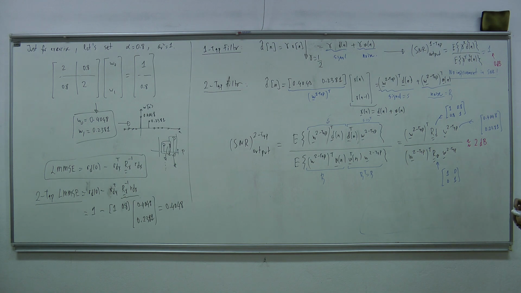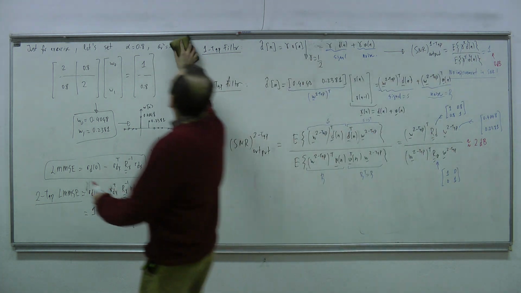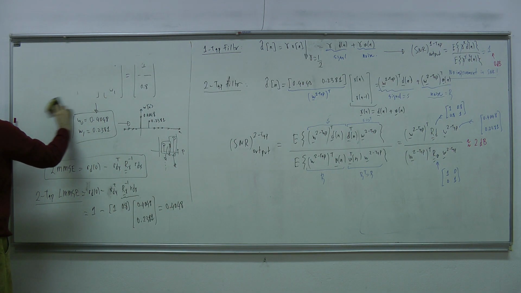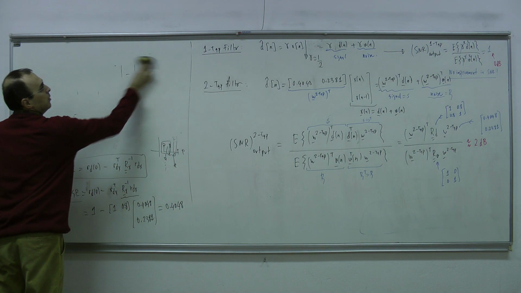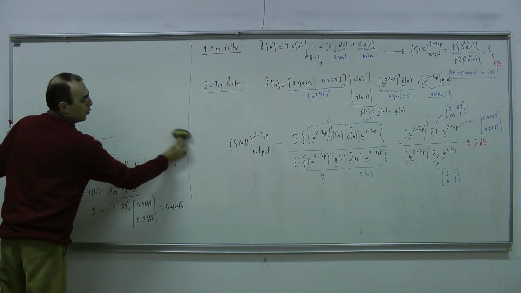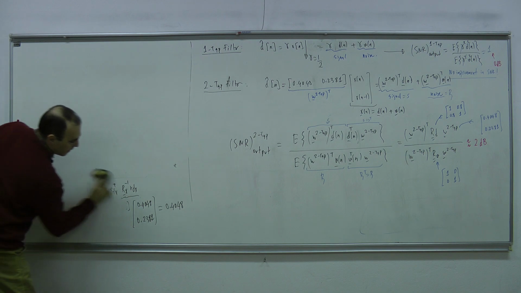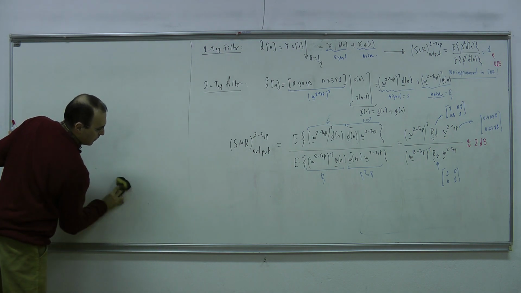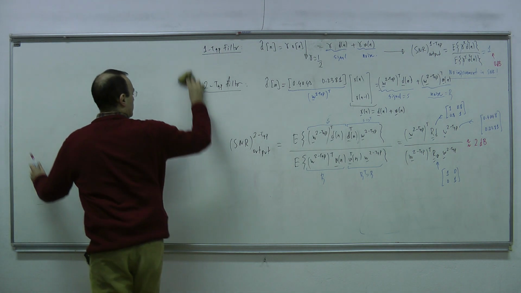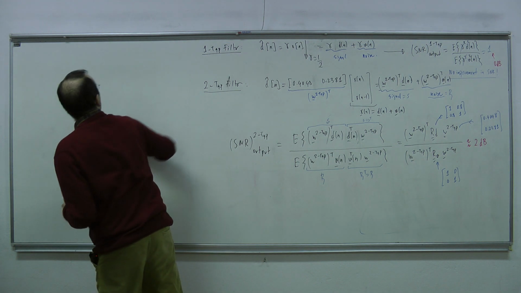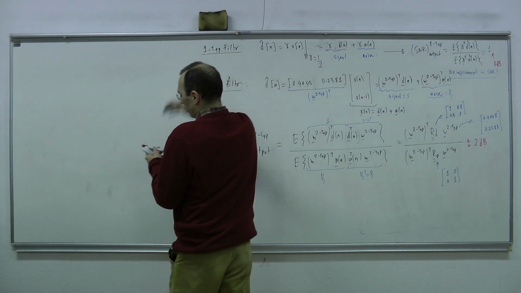But here's a question. Can I do better? Okay. So what is the best SNR at the output after 2-tap filtering for this problem? Okay. So can I find that? So here's a question.